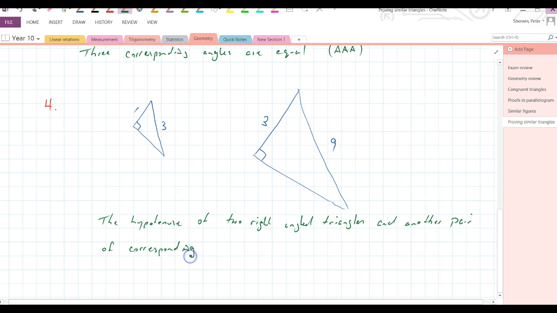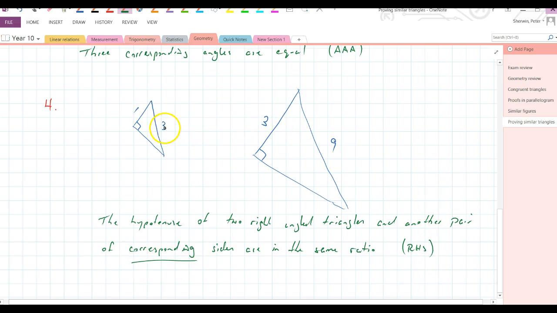So I told you this word corresponding was going to come up. Corresponding sides are in the same ratio. And this is RHS.